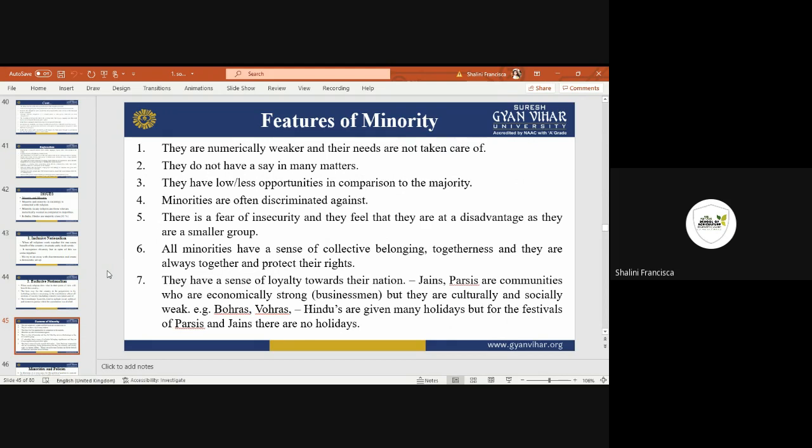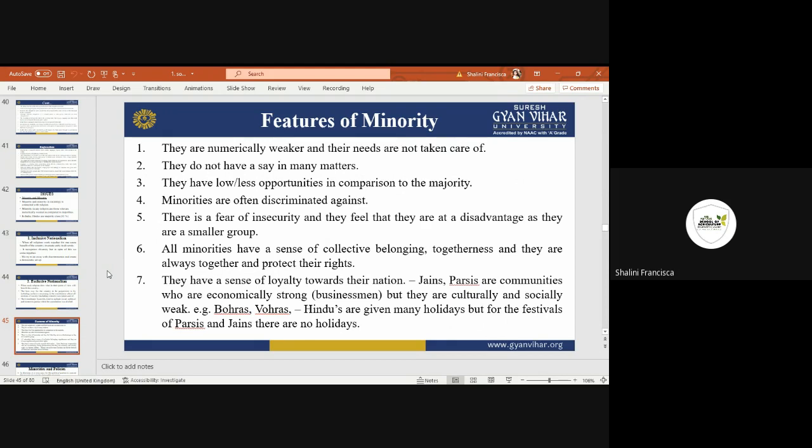They are a minority, meaning they are less in number, so they have many insecurities regarding many things: getting a job, getting education, getting a place in higher society, getting equal respect and all.